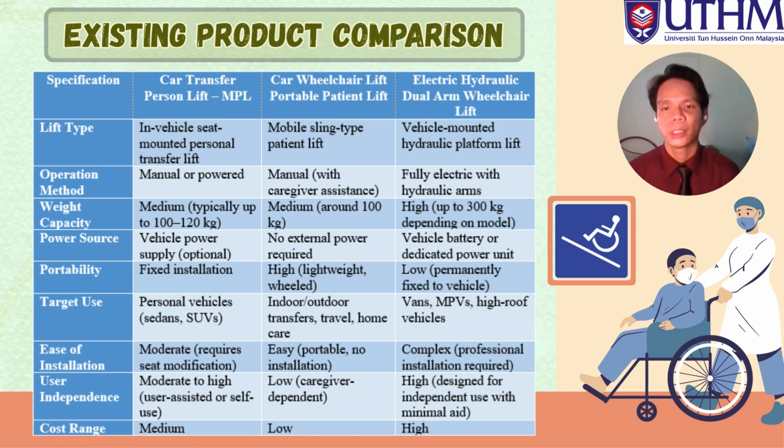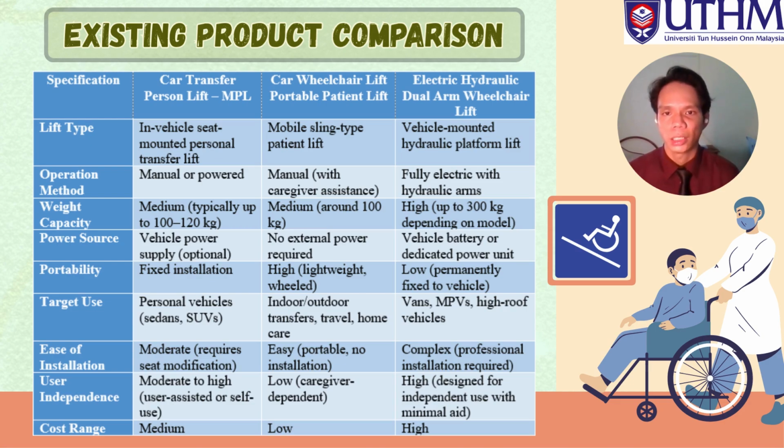Now the portability of each design. The first design is fixed installation. The second is high because it has wheels so you can move around. And lastly, the design has no portability because it's installed directly onto the car. What is the target use for each? The first is personal vehicles such as sedans or SUVs.